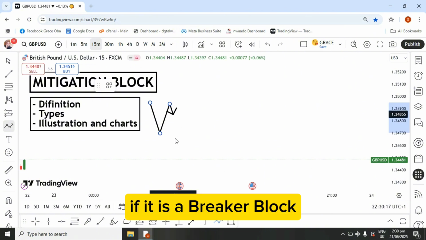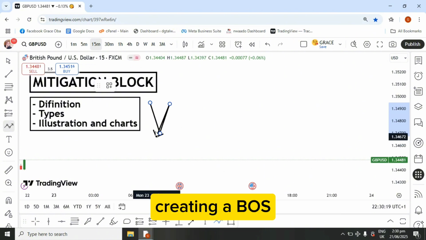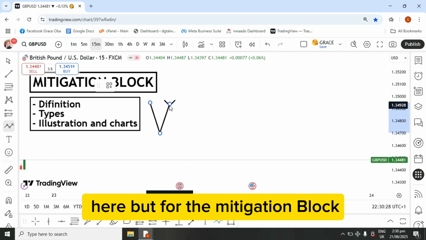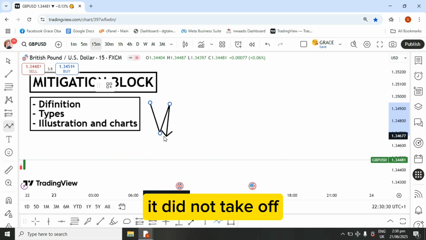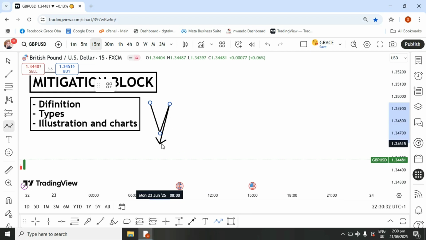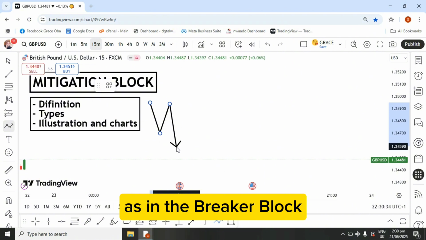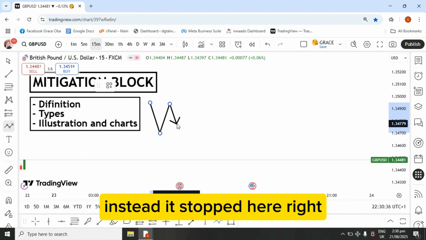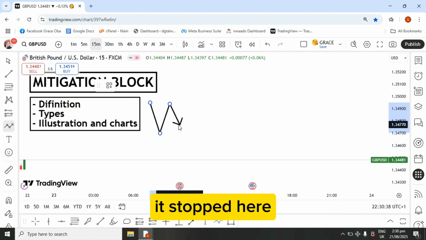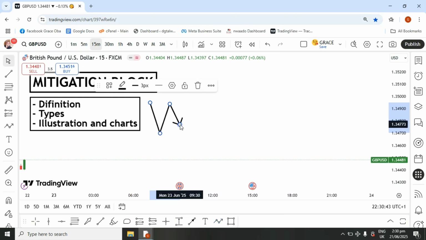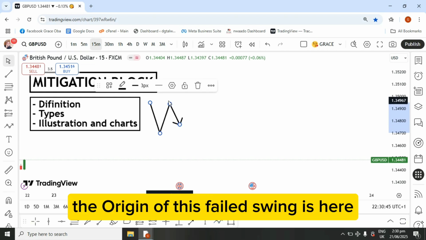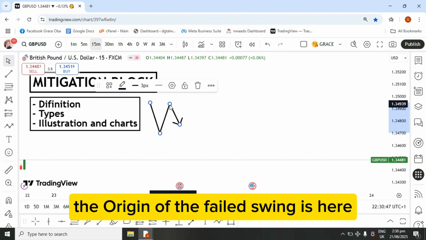If it were a breaker block, it would have traded through, creating a BOS here. But for the mitigation block, it did not take off this low as in the breaker block. Instead, it stopped here. Now the origin of this failed swing is here.